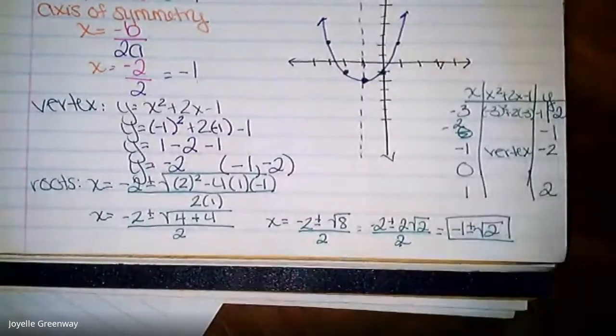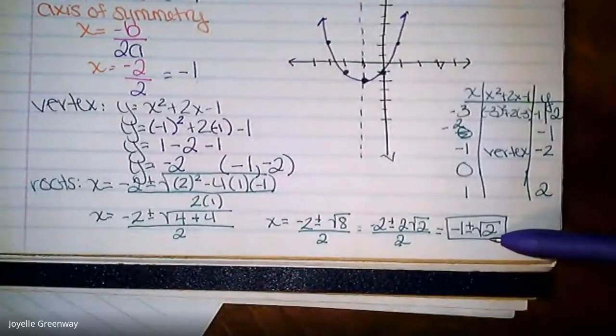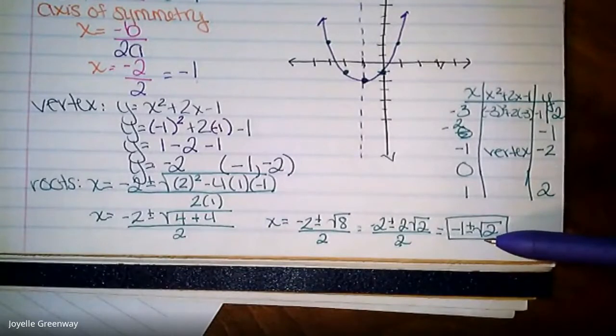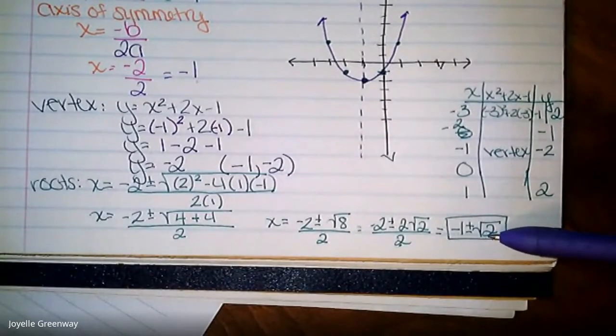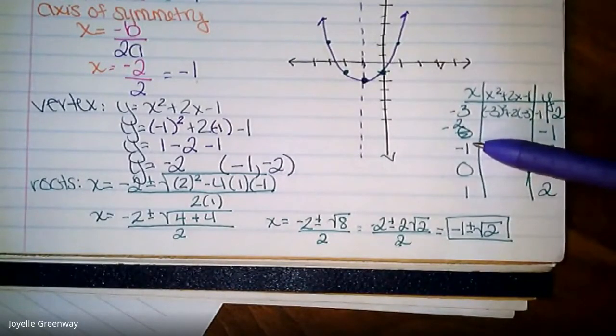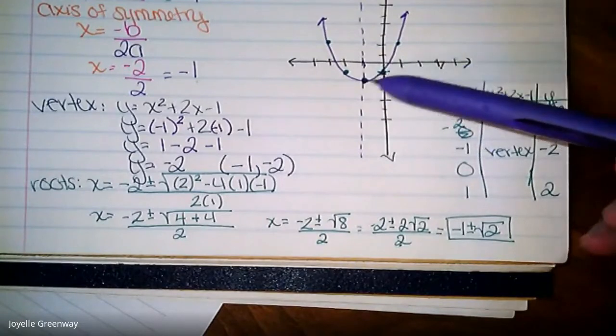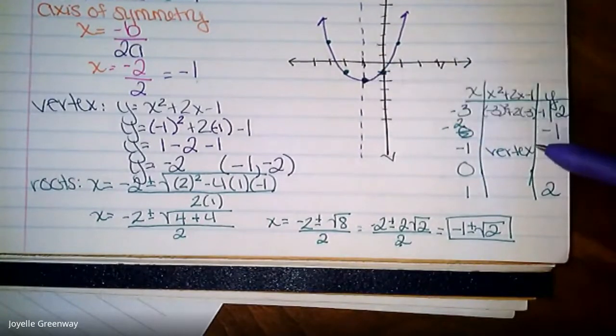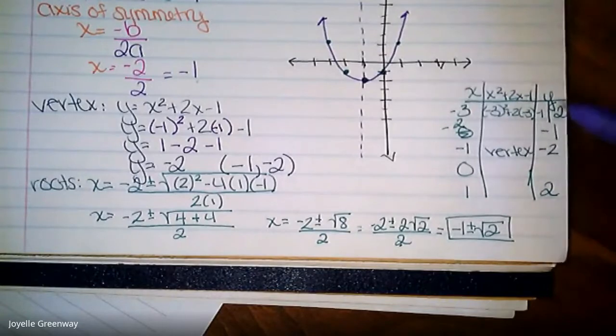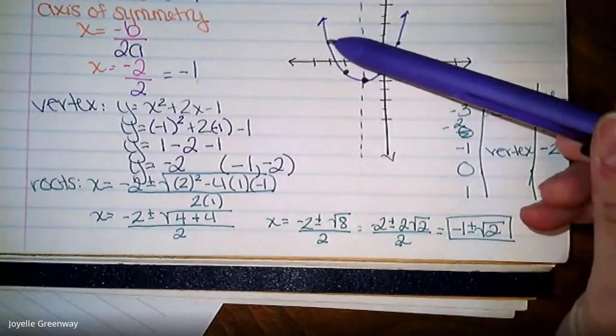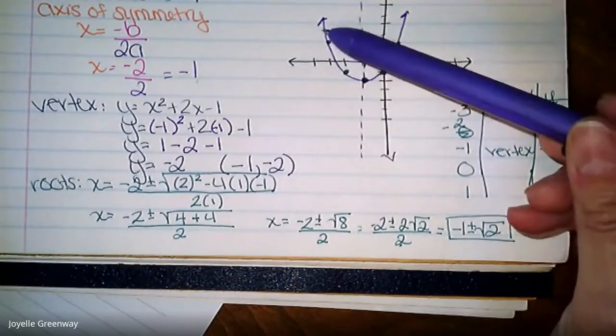Okay, so we found the roots. The roots were not graphable. So I used a table, but I already knew my y-intercept, so I didn't have to do the math for that. And I needed one more point, so I chose negative 3.